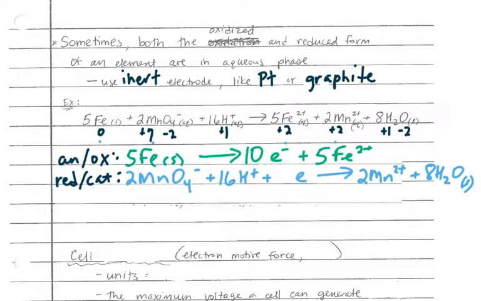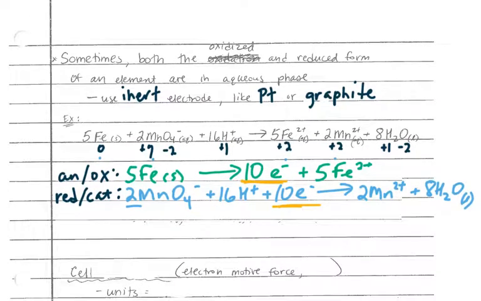The ions are always going to be aqueous in solution. The manganese went from 7 to 2, so it gained 5 electrons, and there's 2 of them. 2 times 5 is 10. So these match. The iron lost a total of 10 electrons, and the manganese gained a total of 10 electrons. So it's balanced.